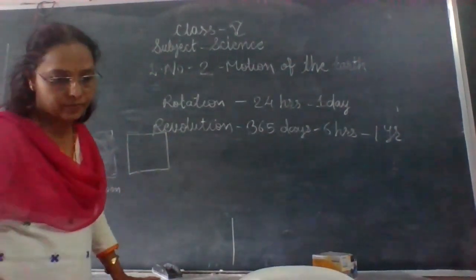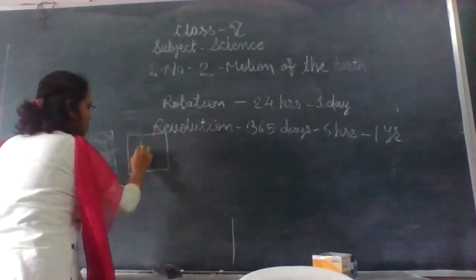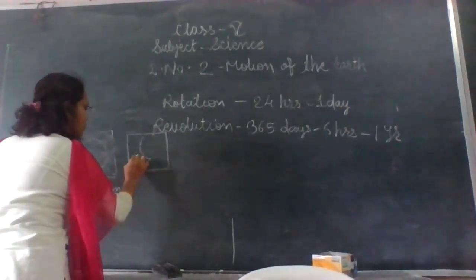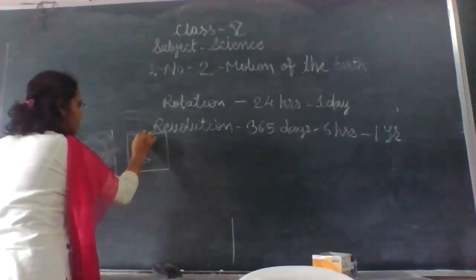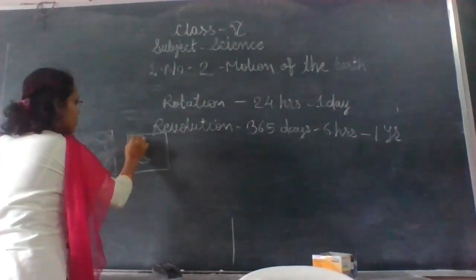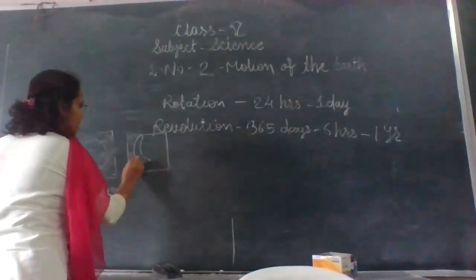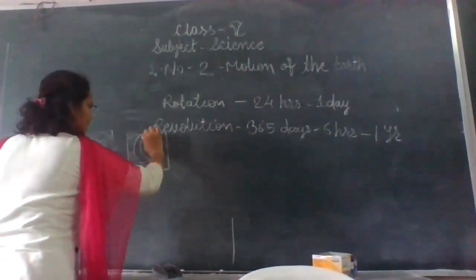Next is the crescent moon. So we see only a few portions which are in the lighted portion, and the other portion is in the dark.